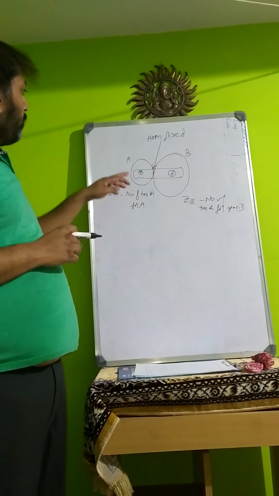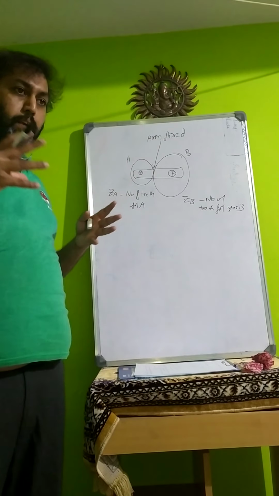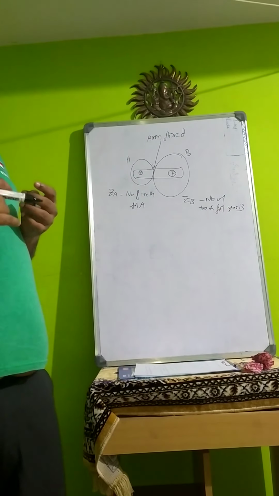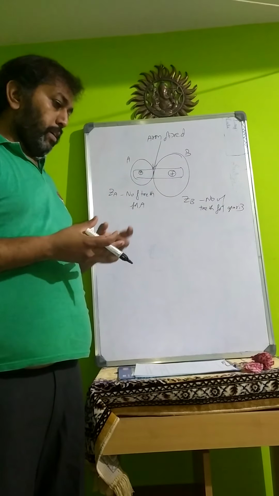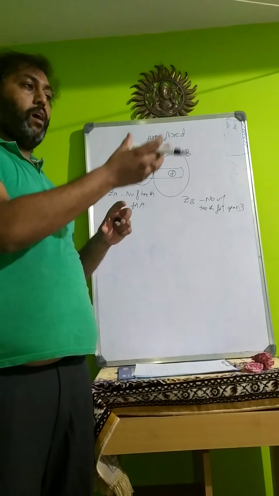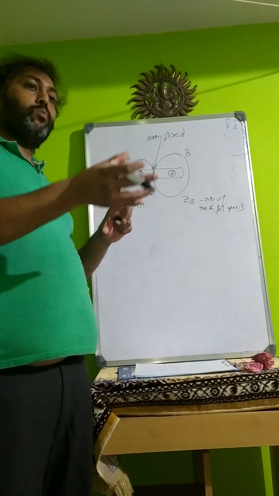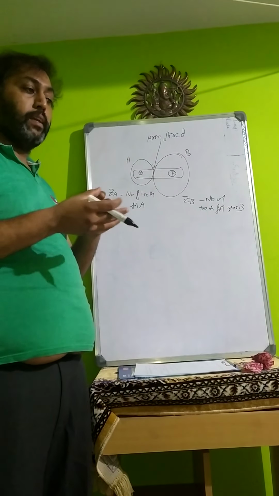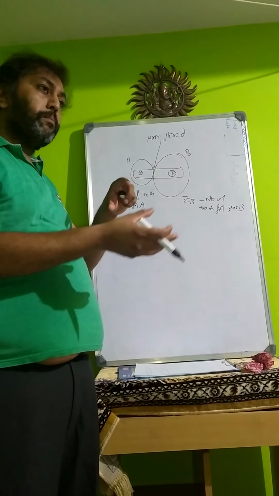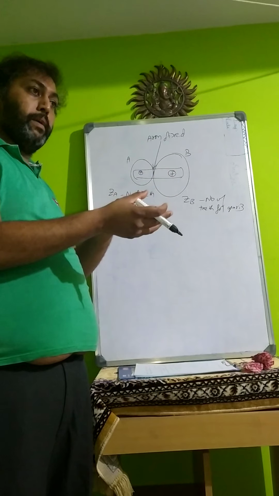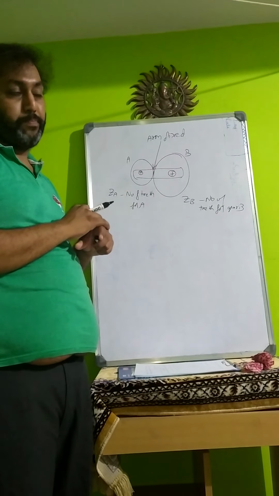What do you mean by epicyclic? It is the revolution of one element over another element. Epicyclic means a cyclic motion of one element over another element.